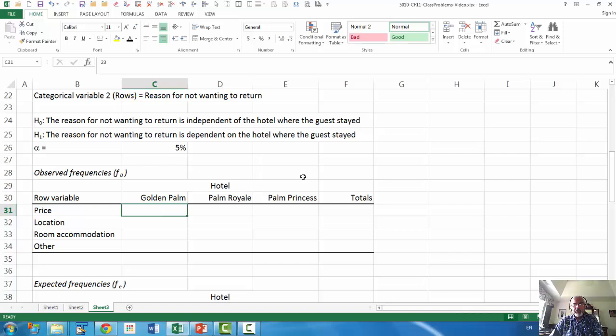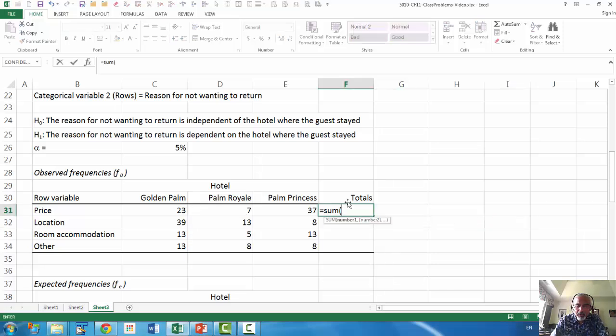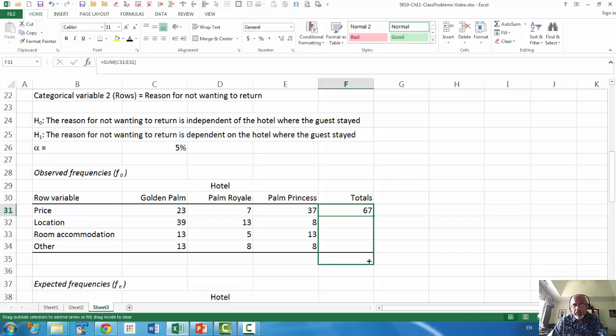Now here is the sample that we have taken. Let's look at the sample observations. These are the number of guests expressing concern for the reason for not returning from the 3 different hotels. Now you sum the row. Put the border back.